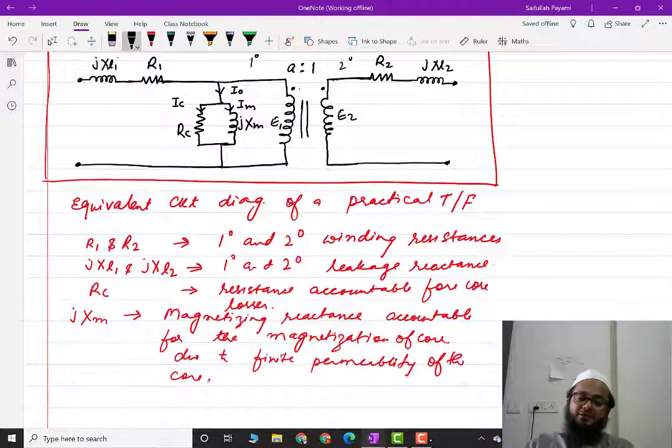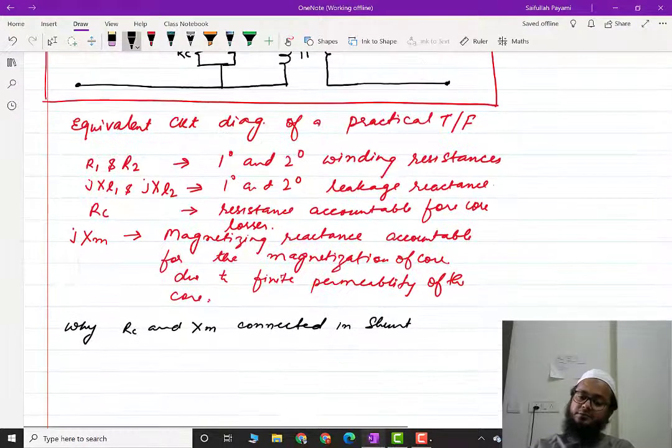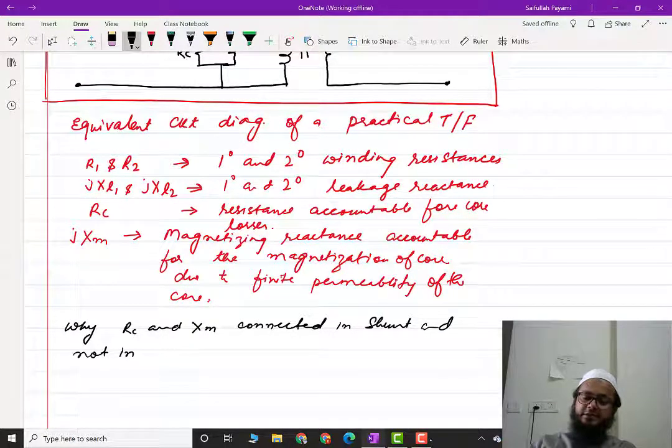Now you may question why we need to show RC and jXM in shunt and not in series. Why is this kind of representation better? So I am raising one question here: why are RC and XM connected in shunt and not in series?